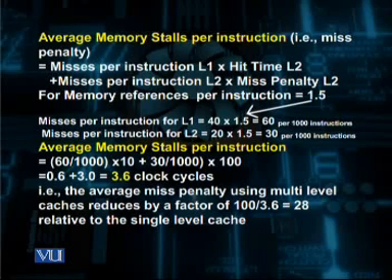That is, the average miss penalty using multiple level caches reduces by a factor of 100 divided by 3.6, which is approximately equal to 28, and this much reduction is relative to the single level cache.